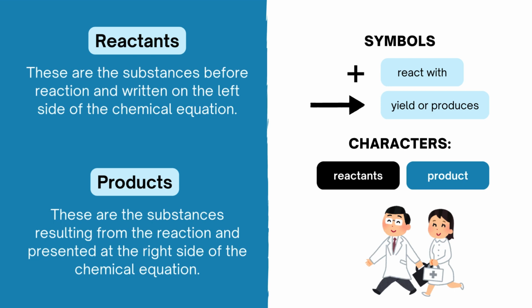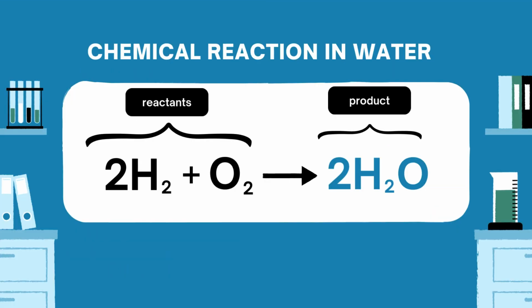As you can see in our presentation, we have symbols here. If you see a plus sign, it means react with. If you see an arrow pointing to the right side, it means yield or produces. Now look at this chemical reaction of water. Hydrogen and oxygen in the chemical reaction are our reactants.